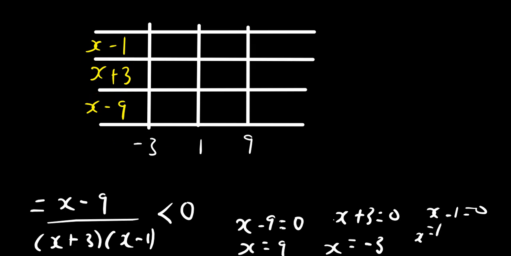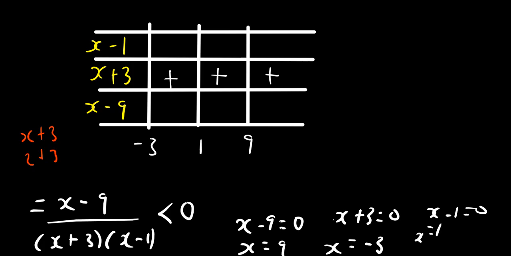So if we get any number that is greater than negative 3 and we replace it there, this is x plus 3. Let's say even just 2, it will be 2 plus 3, which is a positive number. So all these ones will give us positive values.